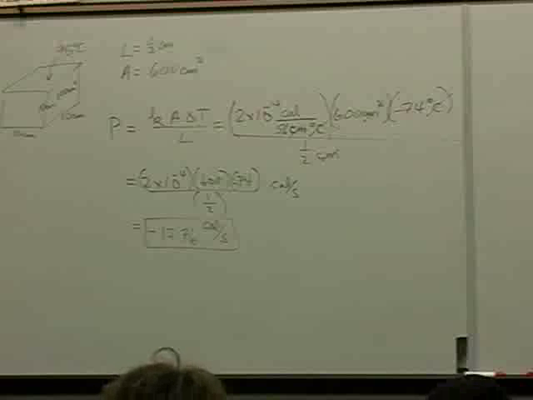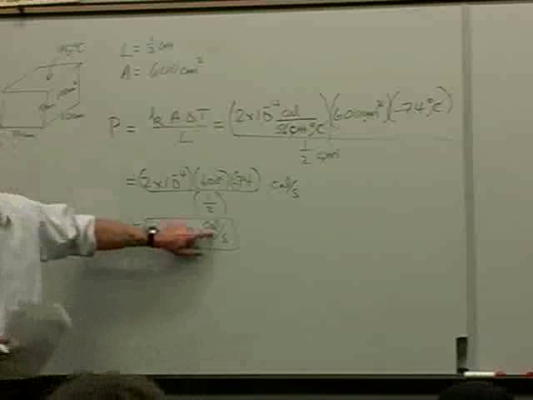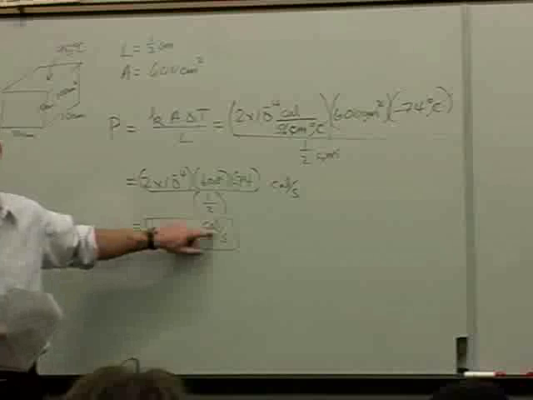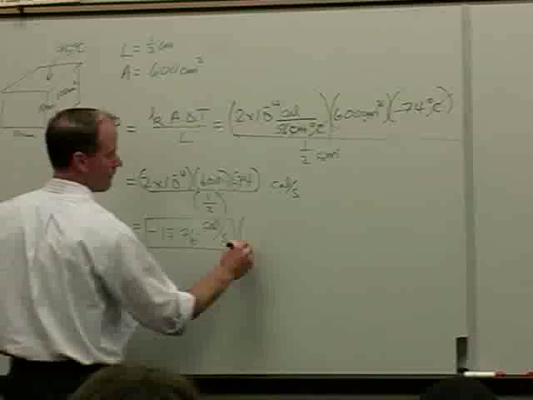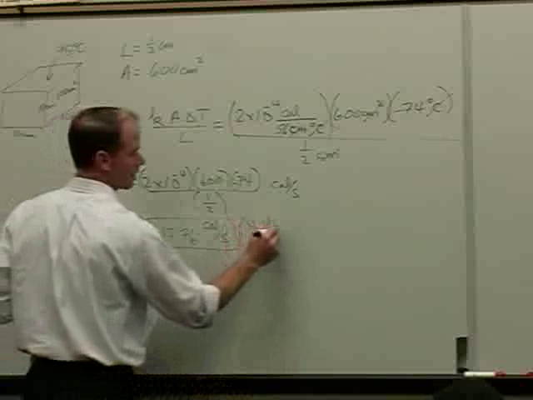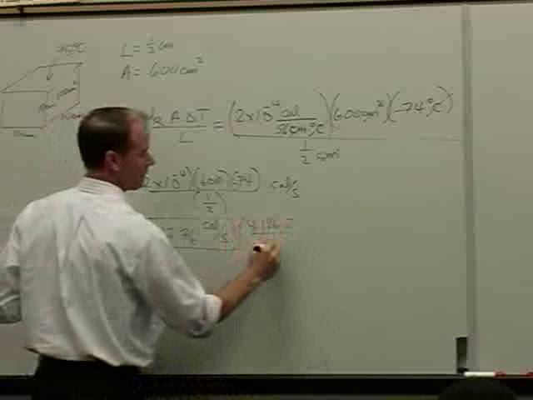I want the answer in joules per second. So how do I convert that to joules? 4186. These calories are non-food calories, so it's the smaller conversion: 4.186 joules per calorie.